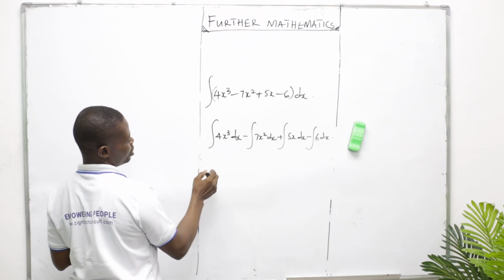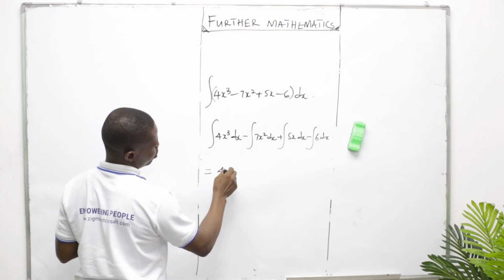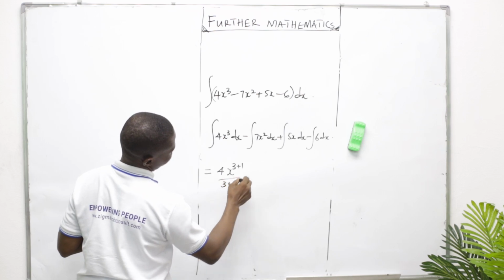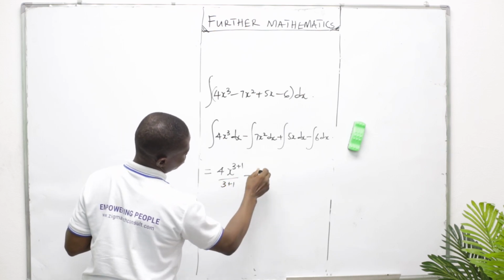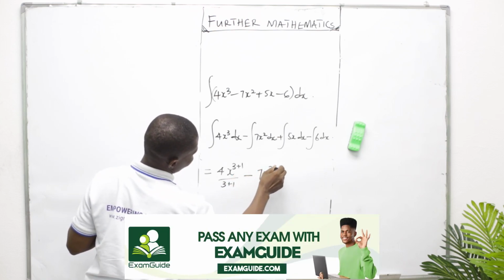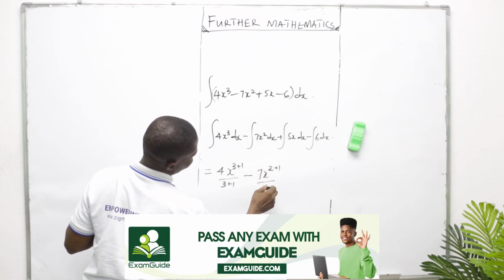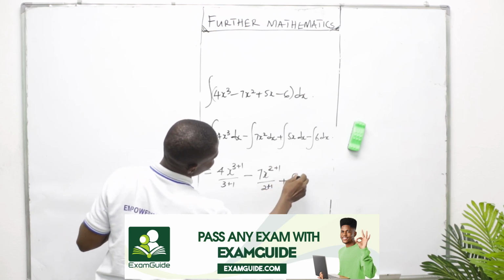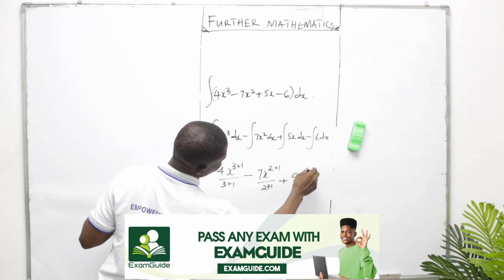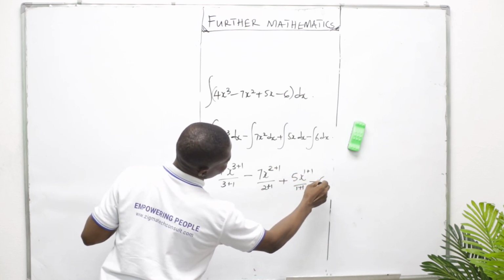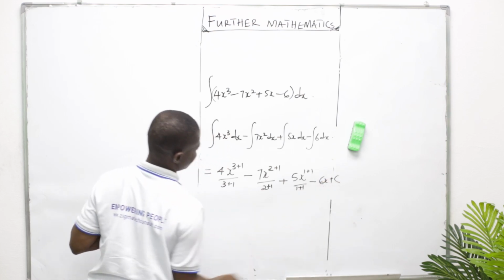So what you do with this, you're going to have 4s cubed plus 1 all over 3 plus 1, minus 7s squared plus 1 all over 2 plus 1, plus 5s raised to the power 1 plus 1 all over 1 plus 1, minus 6x plus constant.